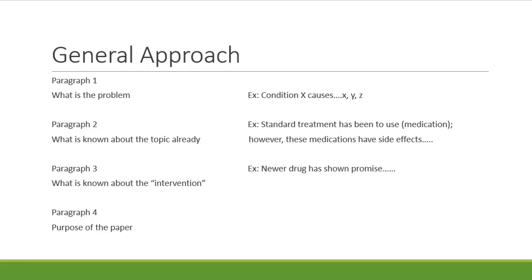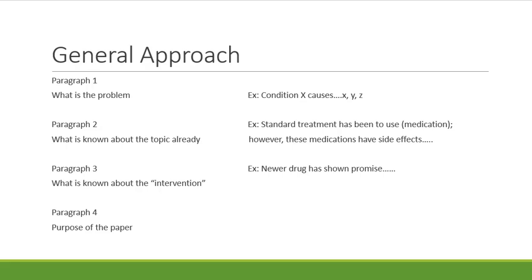Paragraph 2 will start to talk about what is known about that topic already. And a lot of things have treatments in place. And so you might have a paragraph that talks about the standard treatments for this patient population include medication A and or medication B. Maybe you spend a couple lines talking about how medication A is administered, how medication B is administered, or maybe describing their drug classifications.